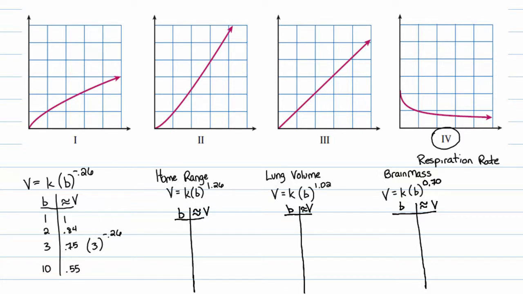Lung volume is equal to k times the body mass to the 1.02 power, and brain mass is equal to k, some constant, times the body mass to the 0.7 power. And in each of these, I'll just take equivalent values. So I'll try body masses of 1, 2, 3, and 10 for each of these.